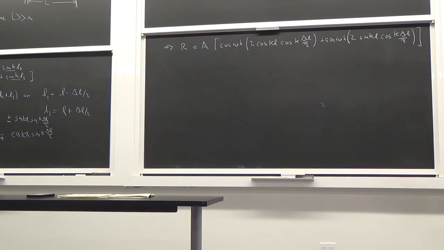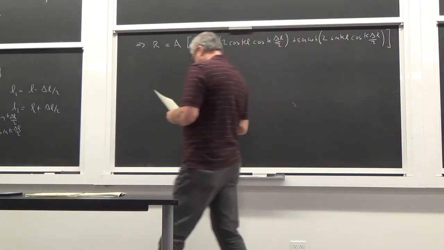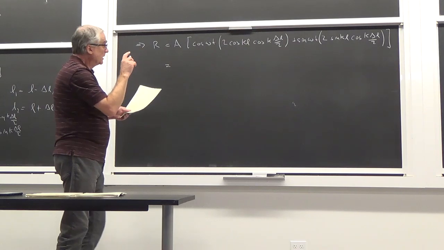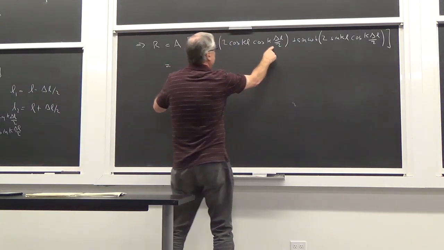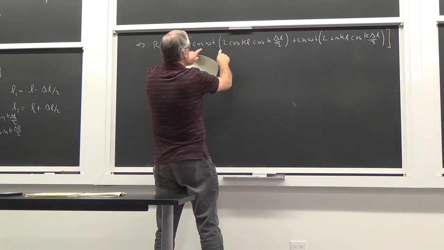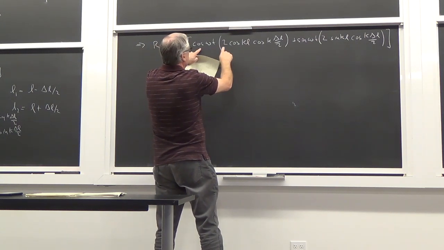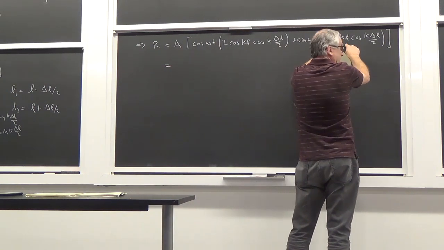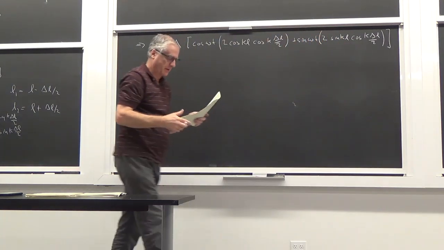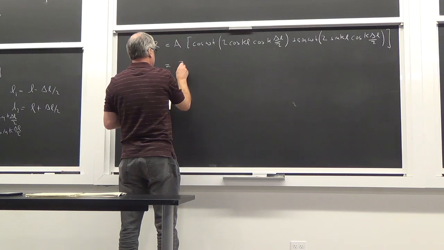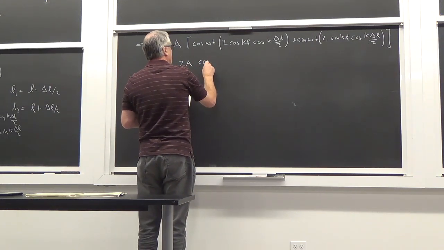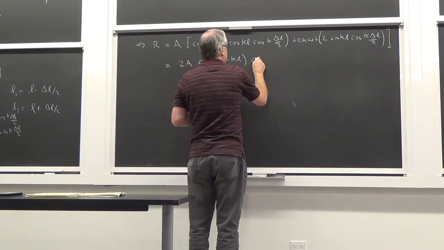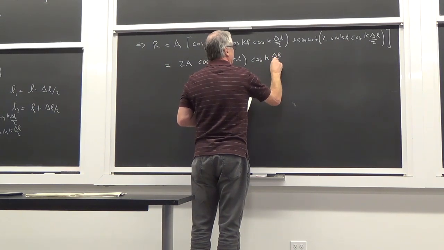Okay, so there's a common factor of cosine K delta L over 2. So we pull out the cosine K delta L over 2, and a factor of 2, and then we'll have the cosine omega t, cosine KL, and a sine omega t, sine KL, and we can use our trig identity on that. And so we get 2a cosine omega t minus KL times cosine K delta L over 2.